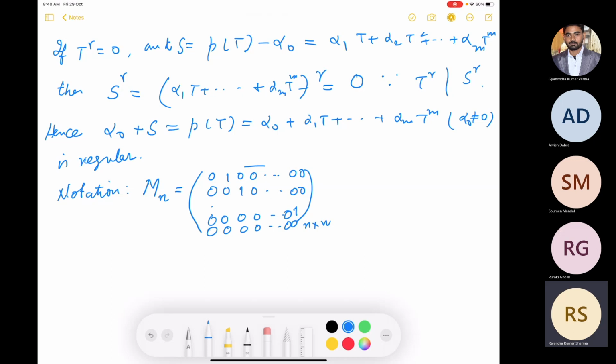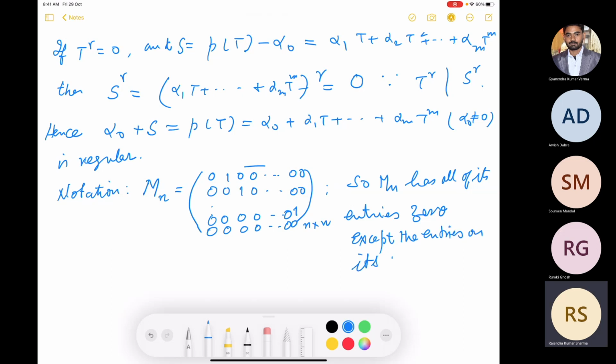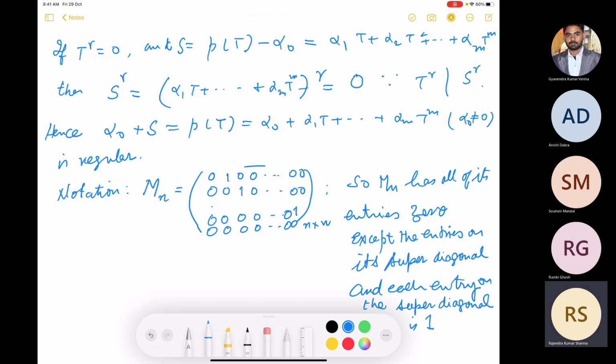So M_n has all of its entries 0 except the entries on its super diagonal, and each entry on the super diagonal is equal to 1.